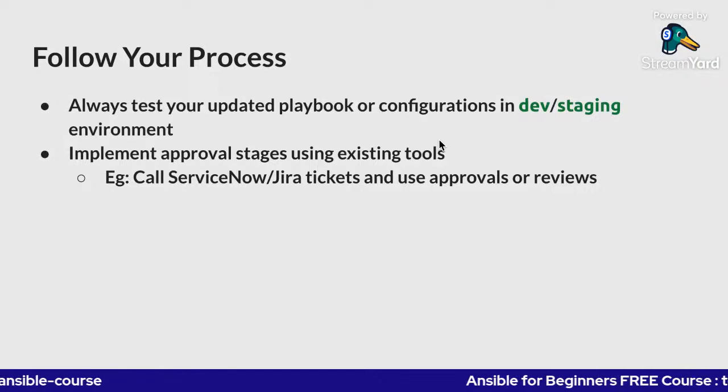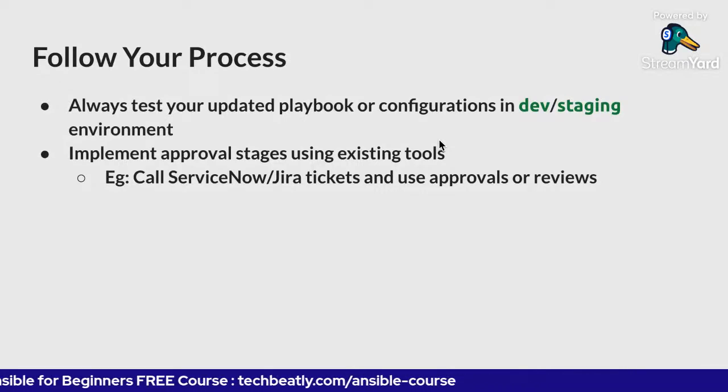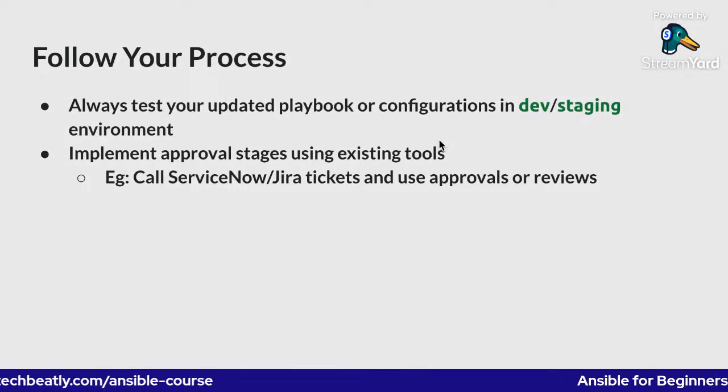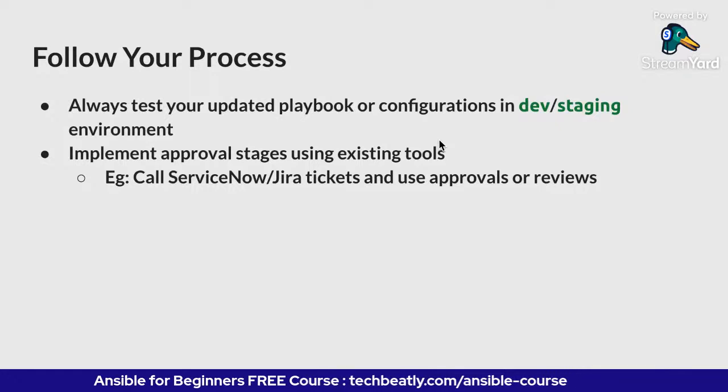So you can still use that flow. There are no changes. You can still use the organization's approval flows. Whatever approvals and reviews happen in ServiceNow or Jira or whatever tools you are using, Remedy, whatever it is, the job will be executed only after the approval.